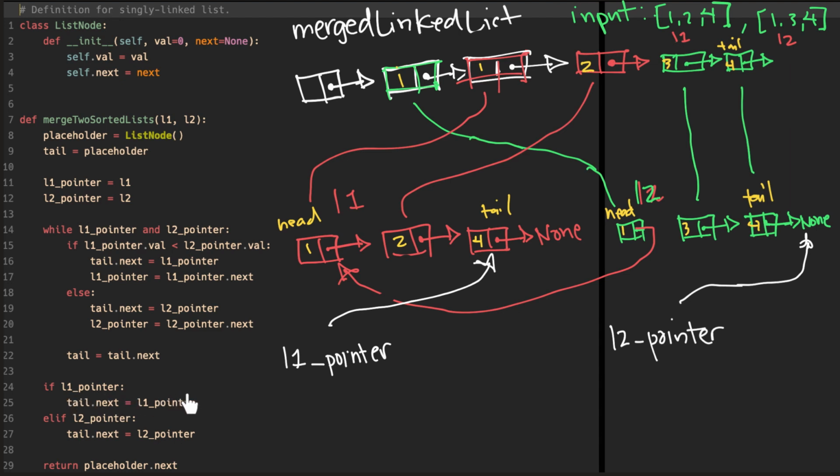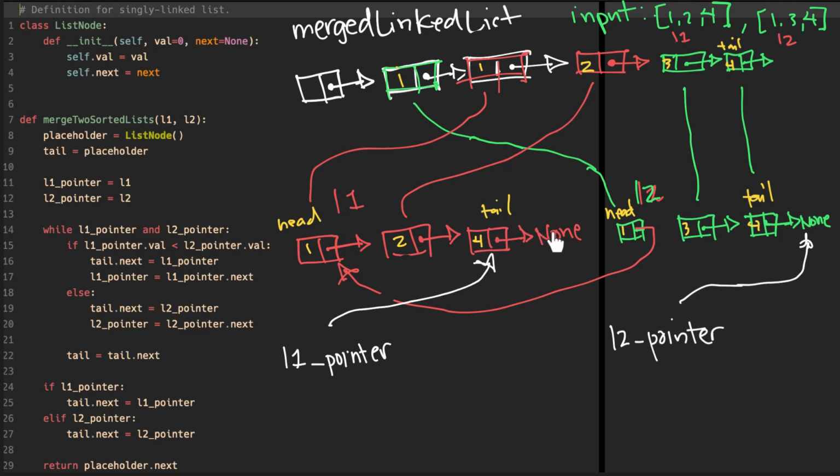And the reason we only have to do this once is because we know that these two linked lists are in ascending order. And we know that there's no more values being pointed to in one of the linked lists. So we know that if we set tail.next equal to L1 pointer, it's going to be equal to the object at the L1 pointer.